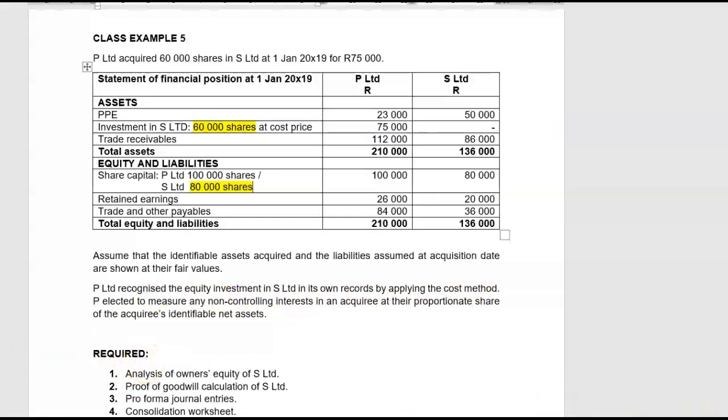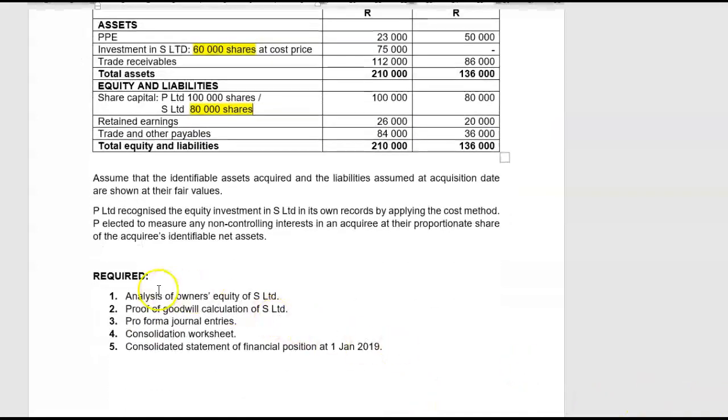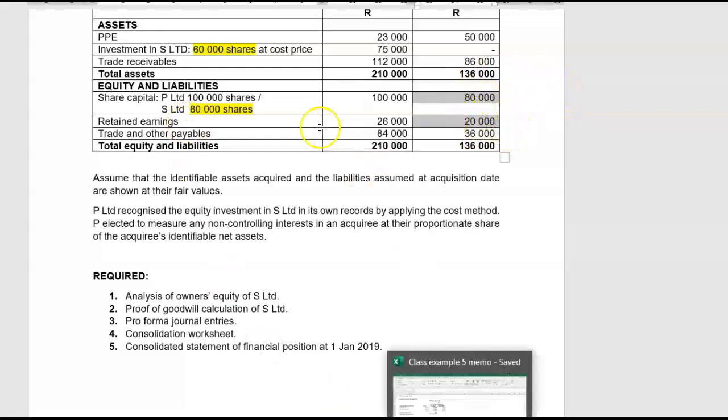Number 1, like in all the other questions, you have to analyze the owner's equity of S Limited. And there you can clearly see that the owner's equity of S Limited is share capital of 80,000 and retained earnings of 20,000. And remember that we've acquired 60,000 shares at 75,000 Rand.